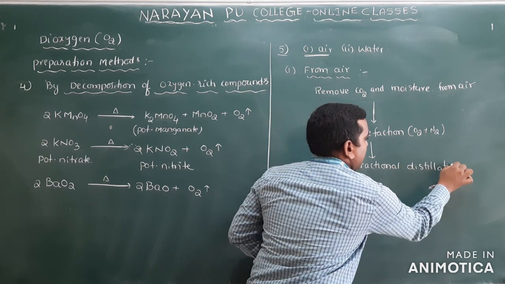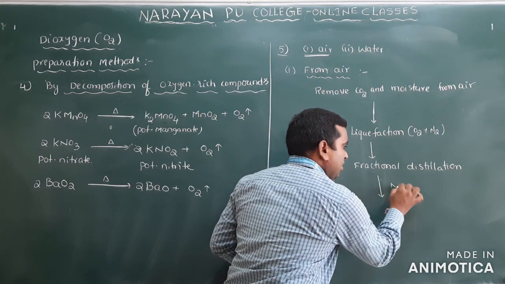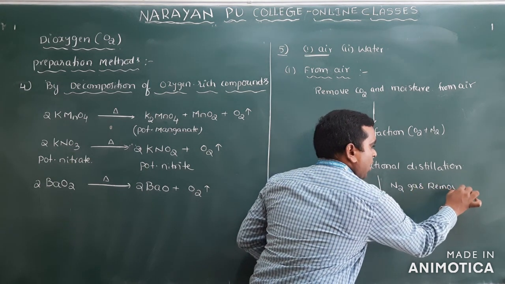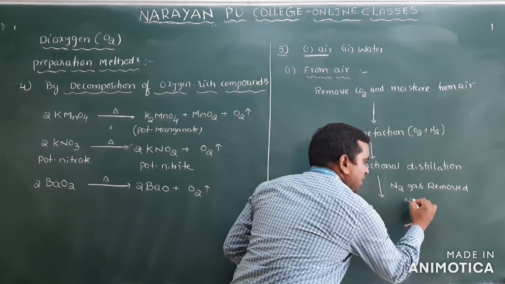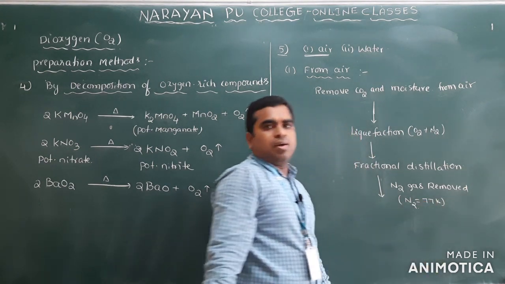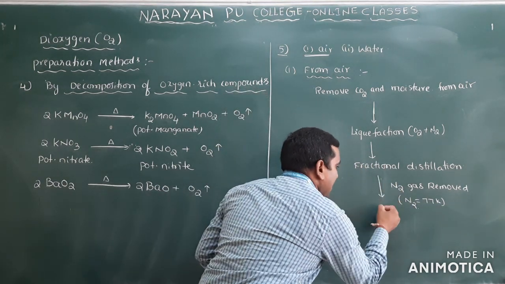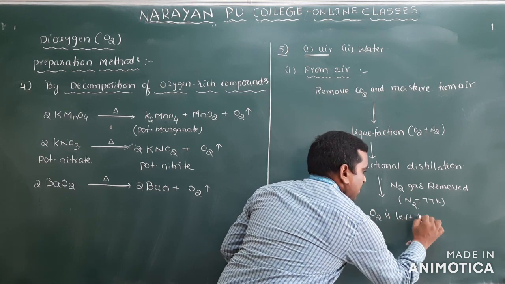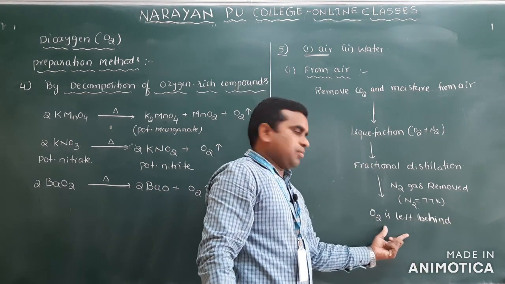When you do the fractional distillation, nitrogen gas is removed first. Why? I have already discussed this in the previous class. Nitrogen has a boiling point of 77 Kelvin, so it will be removed first, and oxygen is left behind. Clear? So we got the oxygen here.